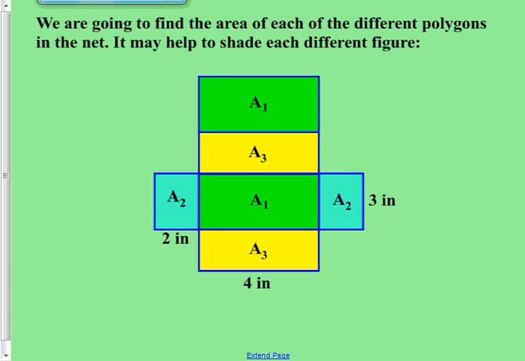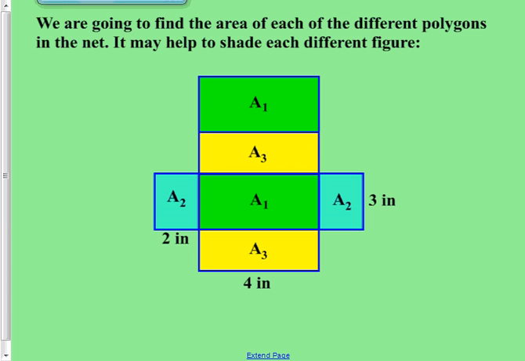Well, it's not actually that bad, because in your prisms and in your pyramids, a lot of the polygons end up being repeated, some of them several times. So all we really need to do is figure out which polygons are congruent to other polygons in the figure, and we don't have to figure out those areas separately. Once we know one of them, we'll know the other one that matches it.